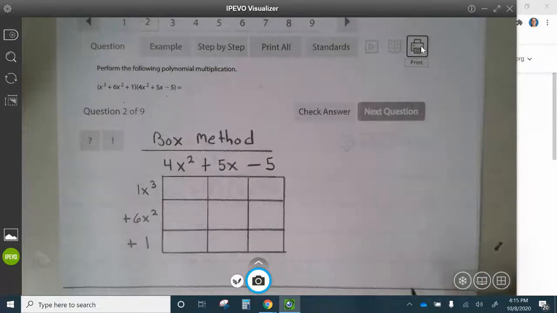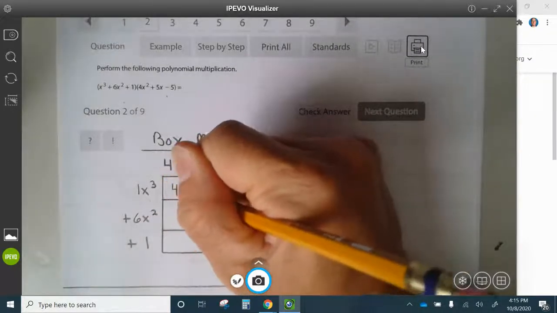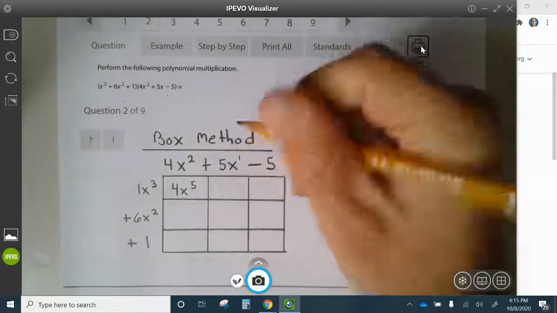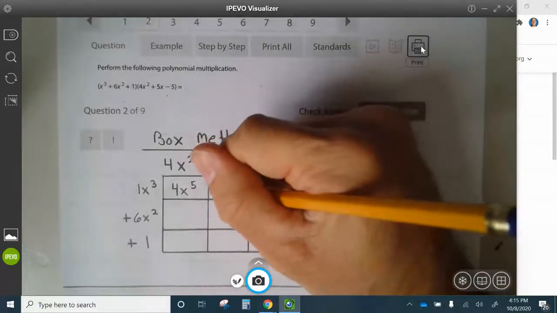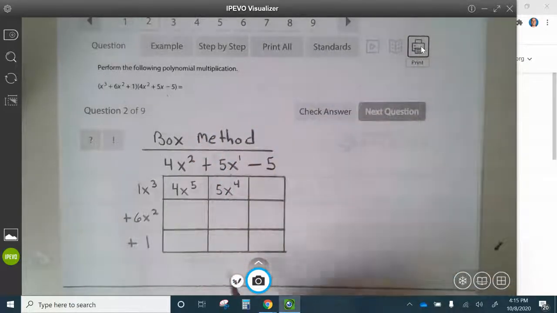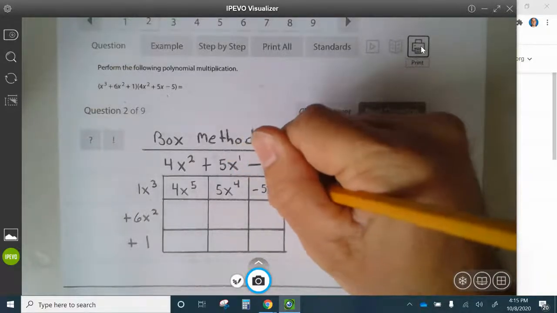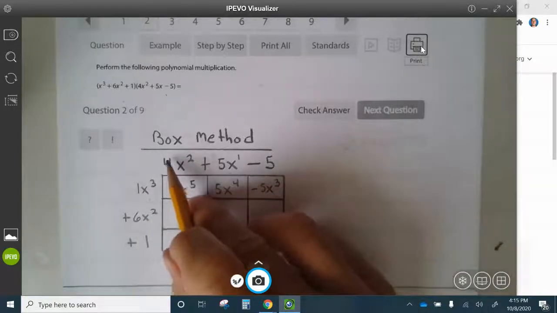So 1x cubed times 4x squared is 4x to the 5th power. This is to the power of 1. So 1x cubed times 5x to the first power is 5x to the 4th. 1x cubed times negative 5 is negative 5x cubed. 6 times 4 is 6, 12, 24, so that's 24.